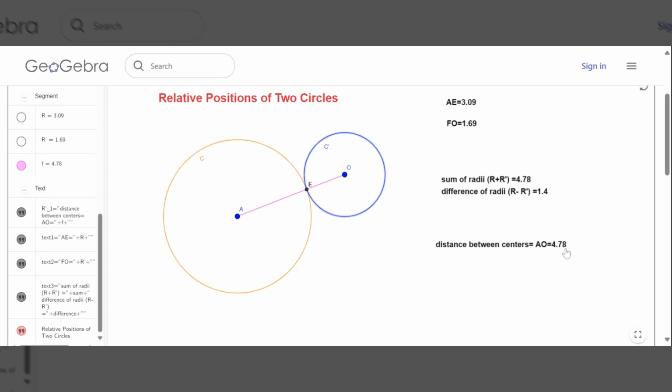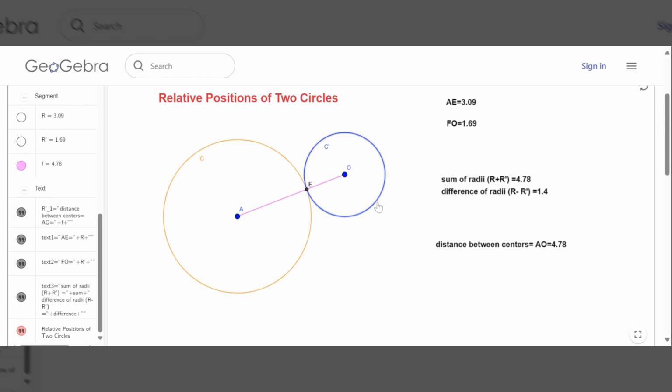So what are we going to do? We are going to compare the radii of these circles with the distance between their centers. So, first of all, we are going to add these two radii and to subtract these two radii and compare them with the distance between the circles.